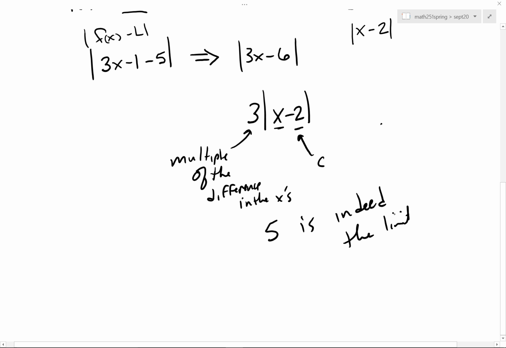That's it. Again, you cannot find a limit this way, but if someone says to you, by George, I think it's this, you can show that they're right or they're wrong.